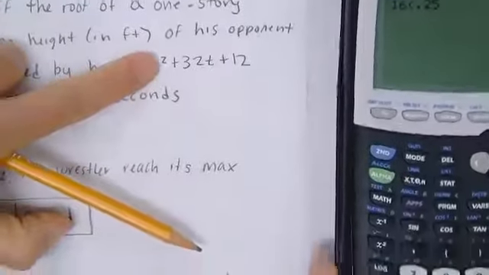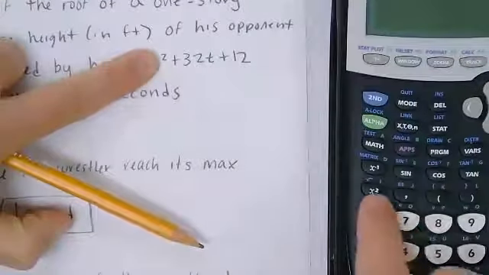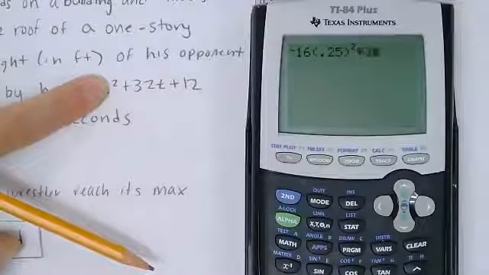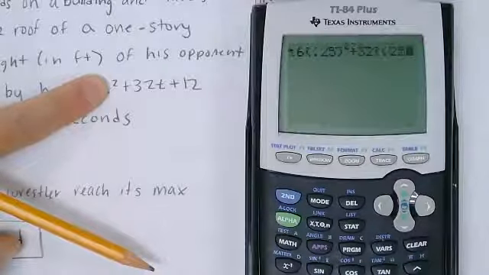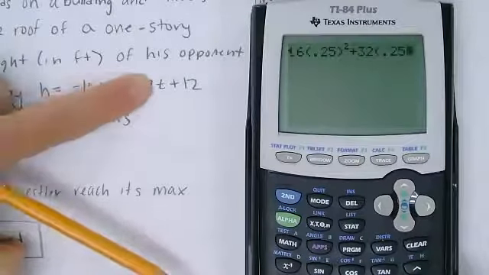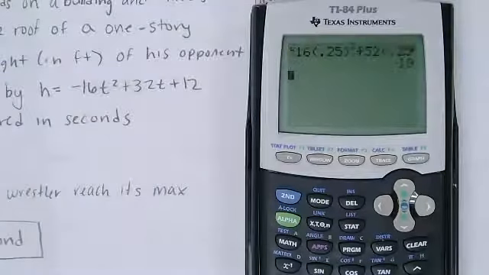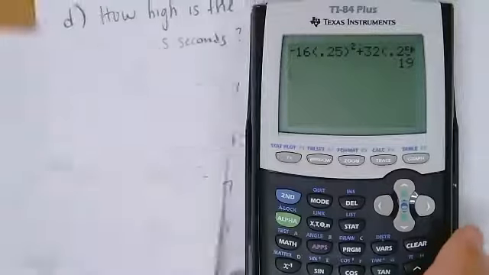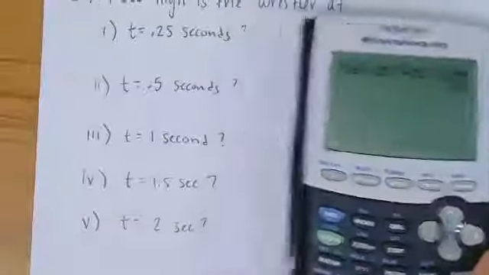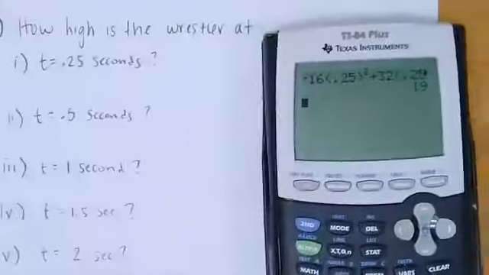Square comes from this button right here. Plus 32 times 0.25, because there's a t there, and then plus 12. So we have found that the wrestler is at 19 feet at 0.25 seconds. So that takes forever, doesn't it?